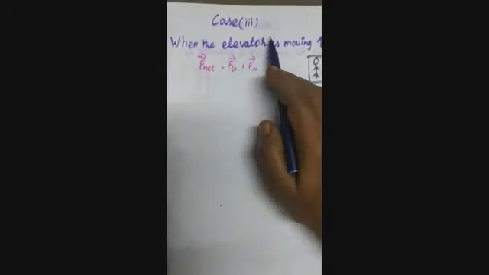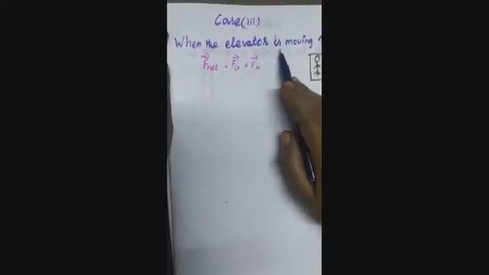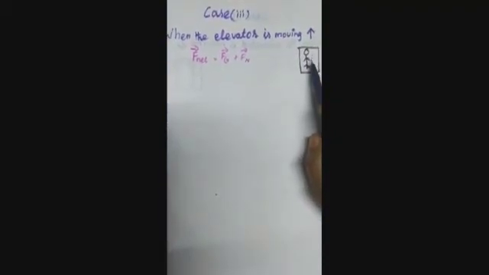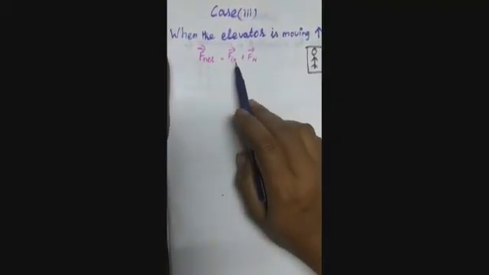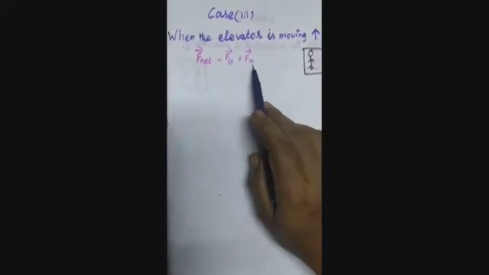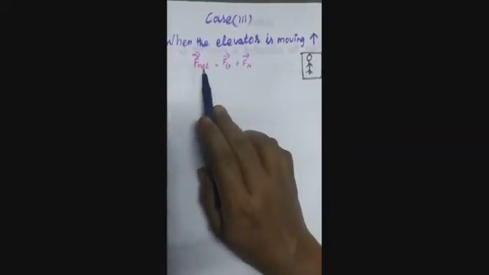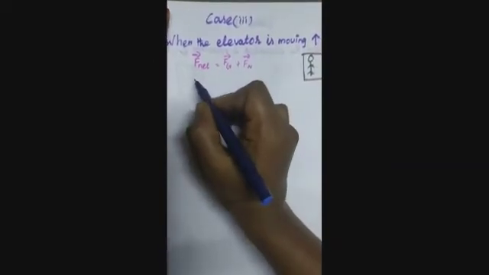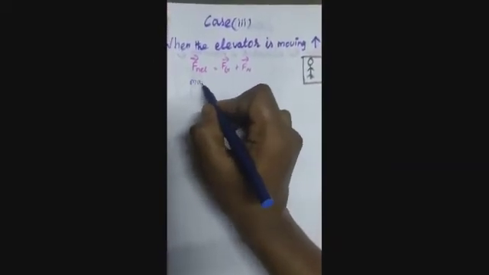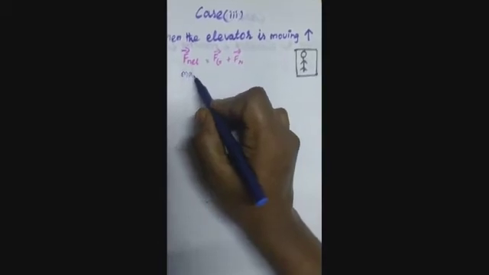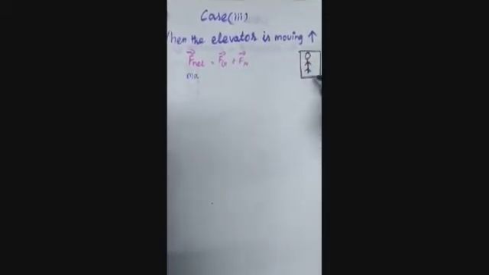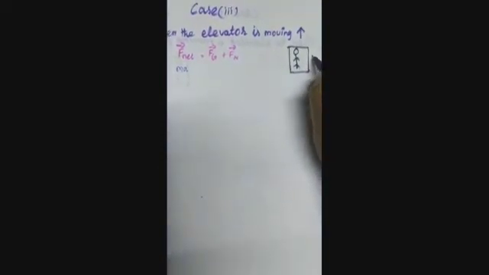Next we discuss the third case. In the third case, the elevator is accelerating in the upward direction. The net force F net on the man is the gravitational force plus the normal force. According to Newton's second law, F is equal to m into a. This acceleration is along the upward direction, so a becomes a j cap.